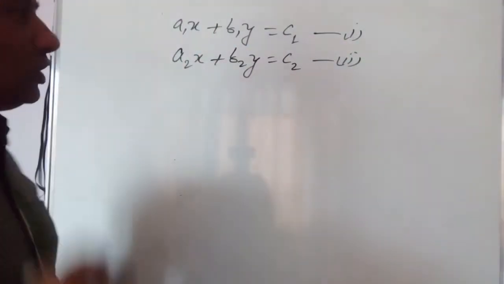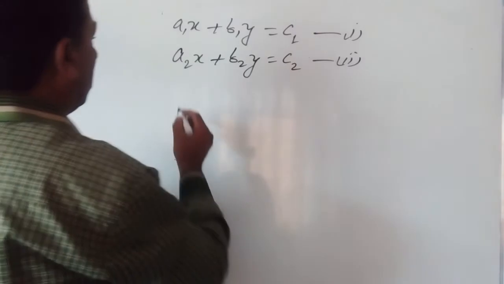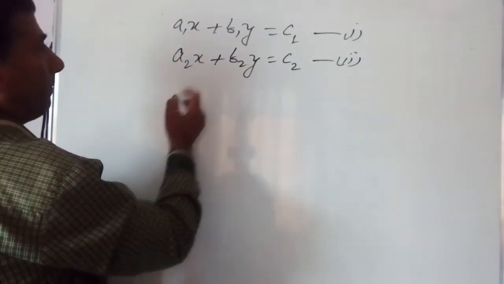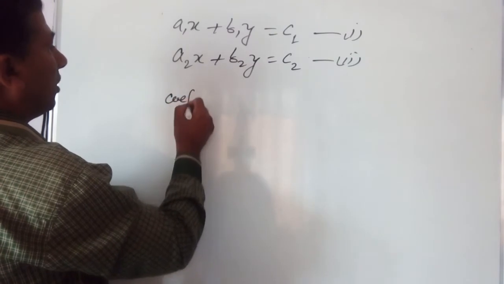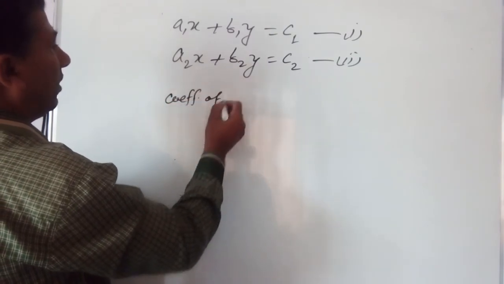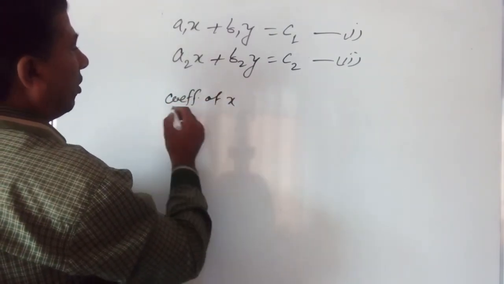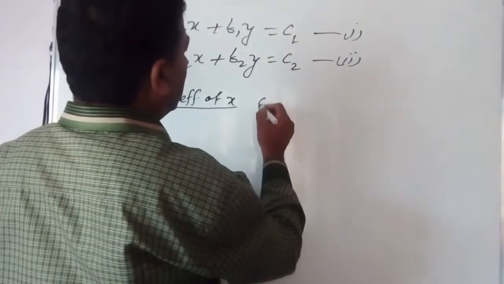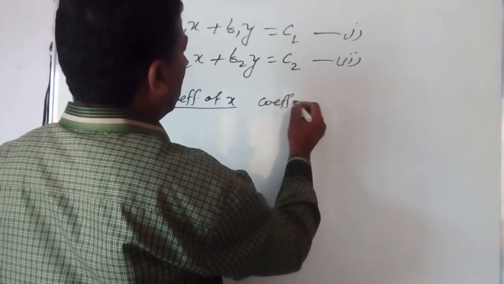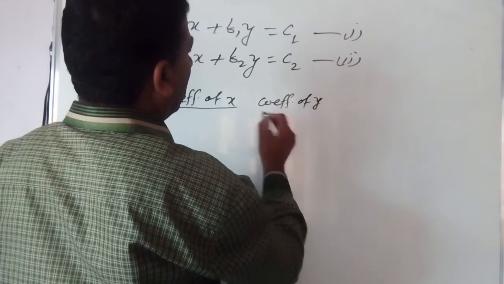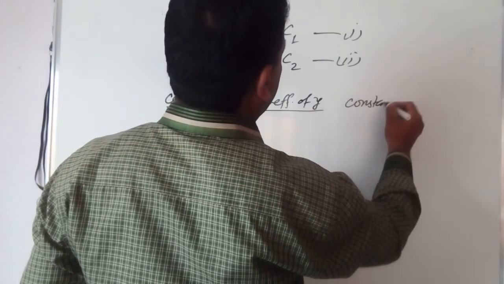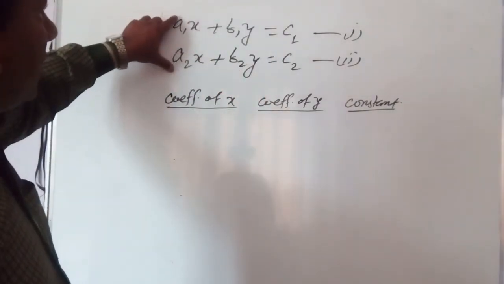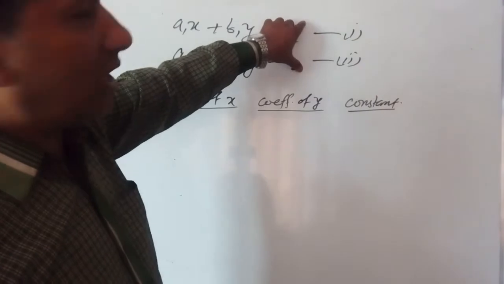First of all, if equations are given like this, write the coefficient of x, the coefficient of y, and the constant term.